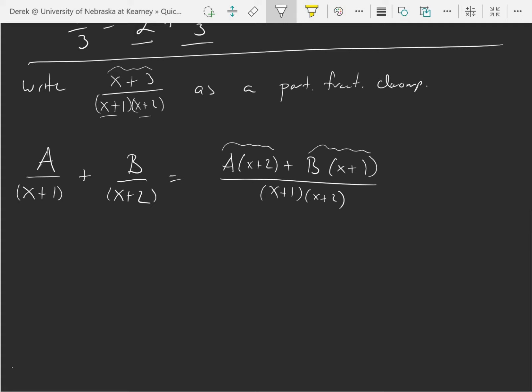So now I've got this set up, and we want it to be (x plus 3) over (x plus 1)(x plus 2). So I can solve this equation to figure out what a and b were. Well, usually with two unknowns, we need two equations, and I do kind of have an equation of polynomials here.